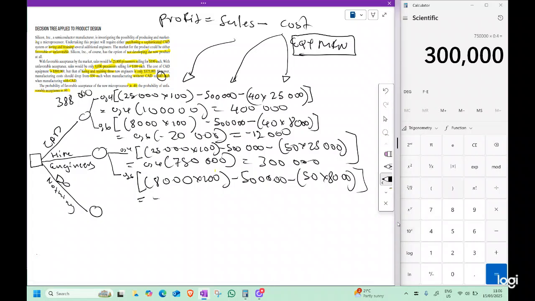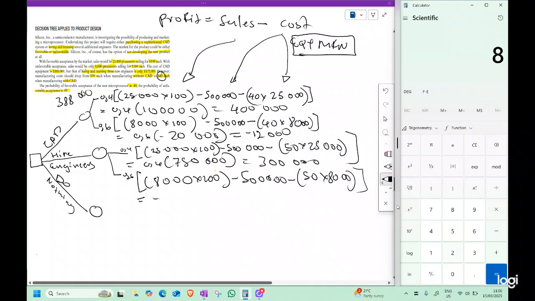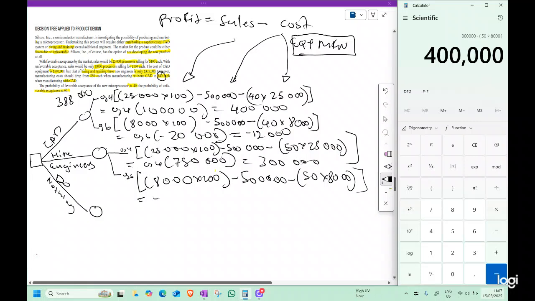And over this one now, you say 8,000, obviously 800,000 now. Okay, let's just rather do it minus half a million, then minus open bracket 50 multiplied by 8,000 close bracket. All right, and then our answer is negative 100,000.